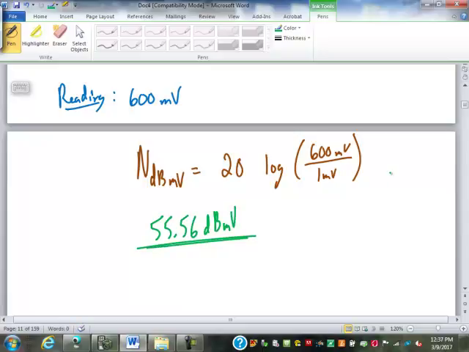Why is this useful? Why is it more useful to have it in dBmV than it is just in millivolts? Well, because in dBmV, your gains and losses can just be added and subtracted.